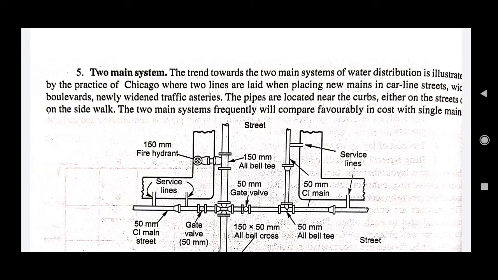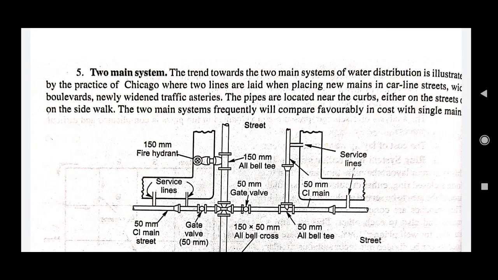What happens in this system is that it does not affect the traffic movement during the repairs and during the changing of the pipeline. That means that in a radial system or a grid system, which are mostly prevalent in India, during the times of repair of the pipeline, the main roads and the main streets of a locality are disturbed because of the ongoing work in the water supply system.